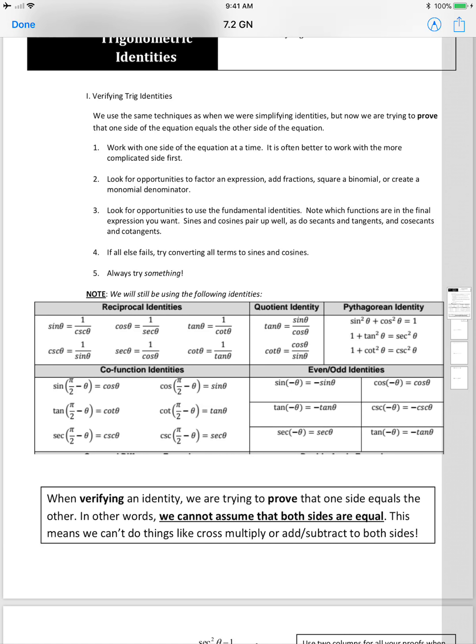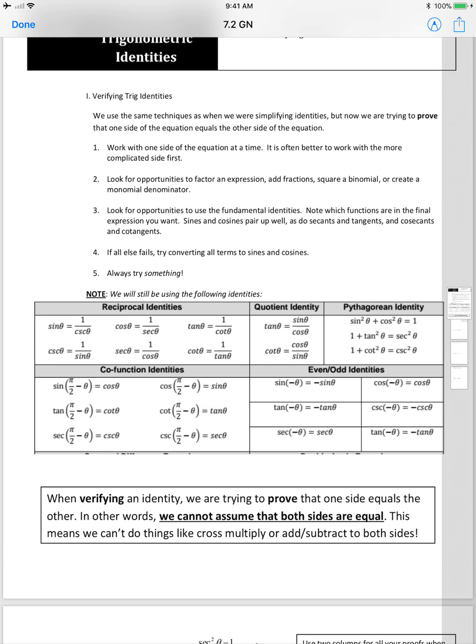You also probably want to check this time, since we know what we're working toward, what expressions are in there? How can I take the expressions that I'm starting with and use the identities to turn them into what I want to end with? And truly, in the end, just try something.